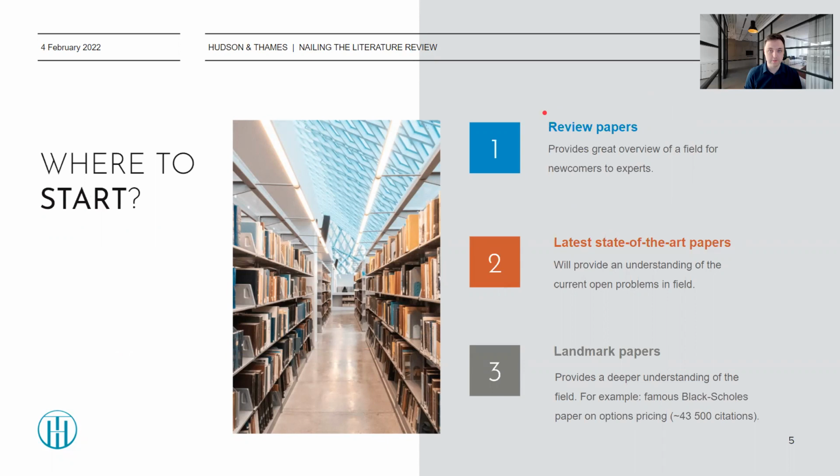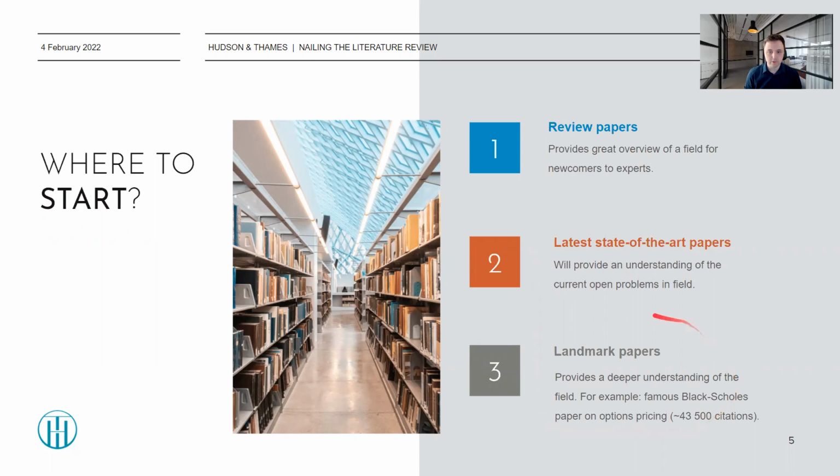Even if you're an experienced researcher, there are still great papers to refer back to. But otherwise, you want to be looking at the latest state-of-the-art papers in the field. This is the frontier research where there are open questions that people are trying to answer, and possibly this is also where you will be able to contribute.